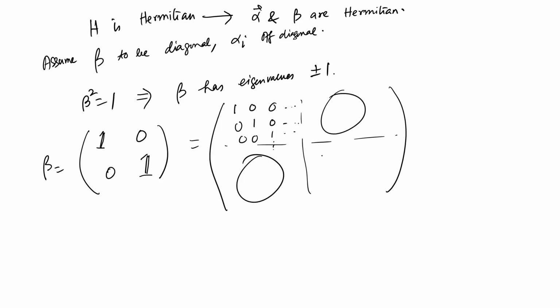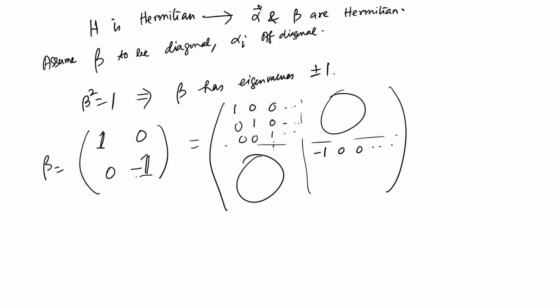Basically we can choose this not as 1, but as minus 1, and then we have minus 1 0 0 and so on. It is still diagonal, of course, but with all 1s it becomes an identity matrix, which will commute with everybody. So, that is not a possibility.